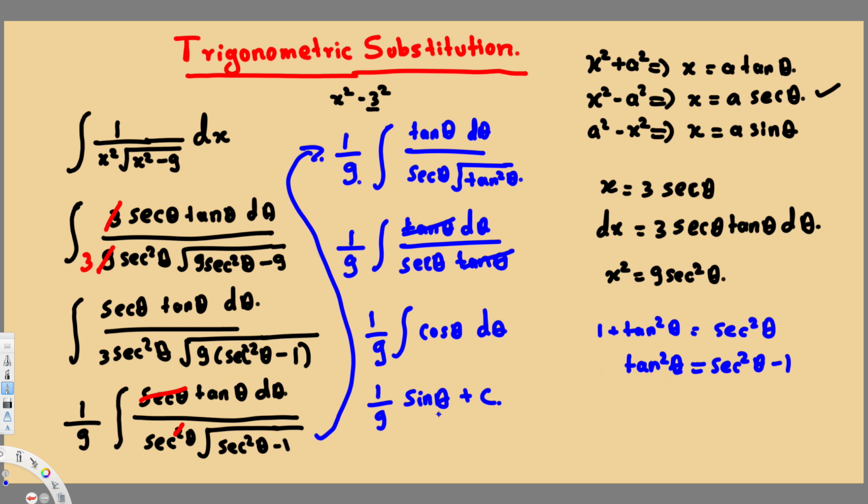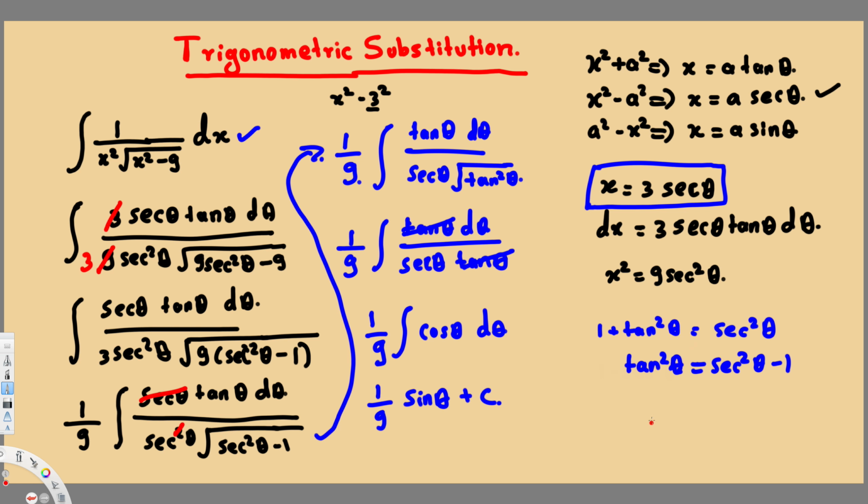Now we have to know what sin theta is equivalent to, because our original form is in terms of x, so we have to write the final answer in terms of x, but here we took x equal to 3 sec theta, so we have to use this information to find the sin theta value.